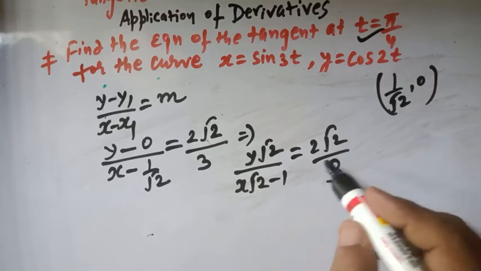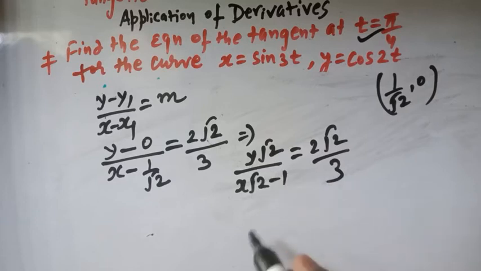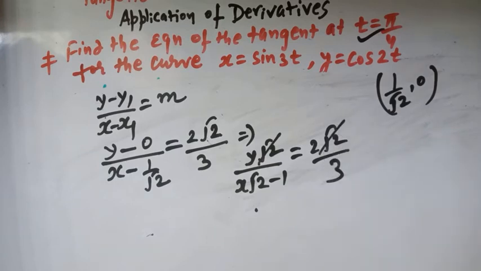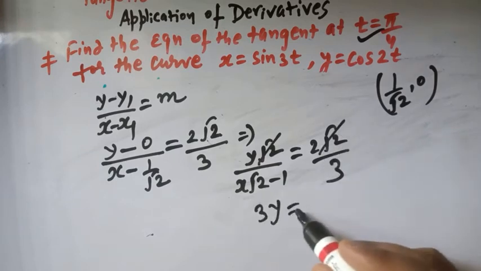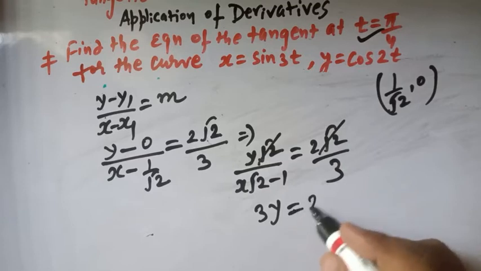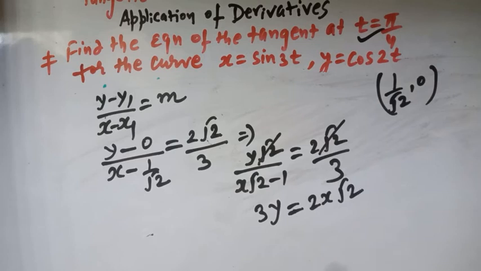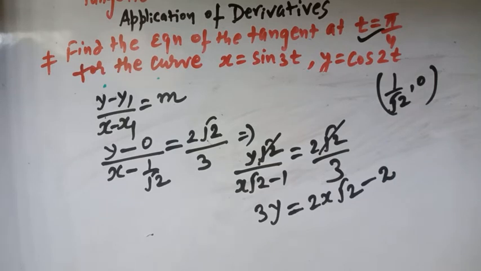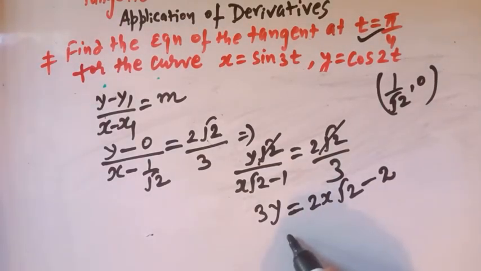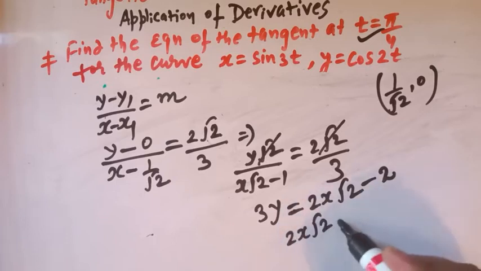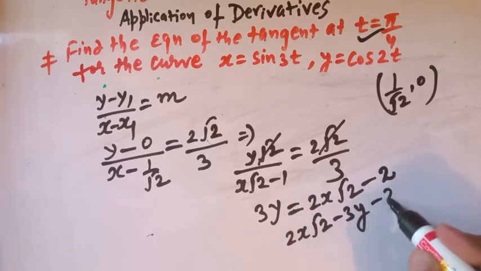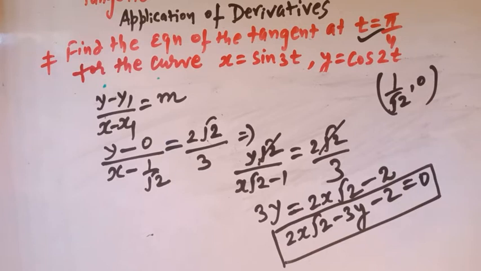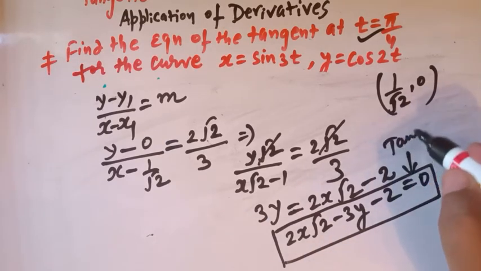Now this root 2 and root 2 get cancelled, and we have 3y equal to 2x root 2 minus 2. Clear? So this becomes 2x root 2 minus 3y minus 2 is equal to 0. So this is the required equation of tangent. Clear?